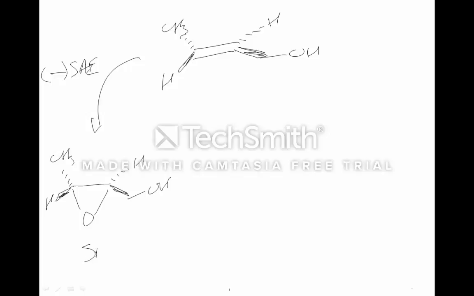And you get a single enantiomer of this. And actually, we'll find out that the double bond geometry is important. We'll get to that. Okay. And you can do plus Sharpless asymmetric epoxidation. And you get the top face.